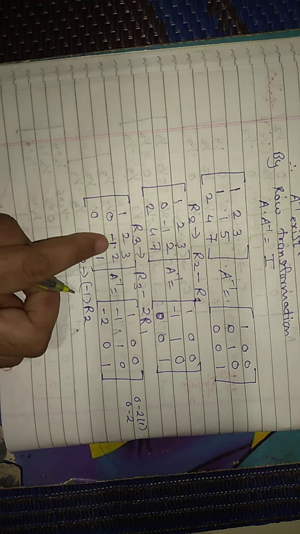So 2 minus 2, 0. And the third one is R1 element is 3, right? Then minus 2 in the bracket, R2 element is minus 2. So 3 minus minus becomes plus, 2 to the 4. So 3 plus 4 is equal to 7. So we write 7.